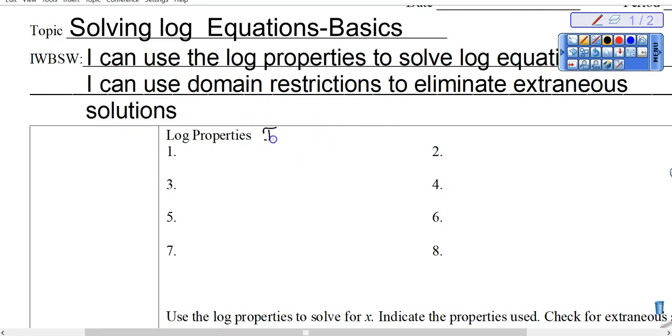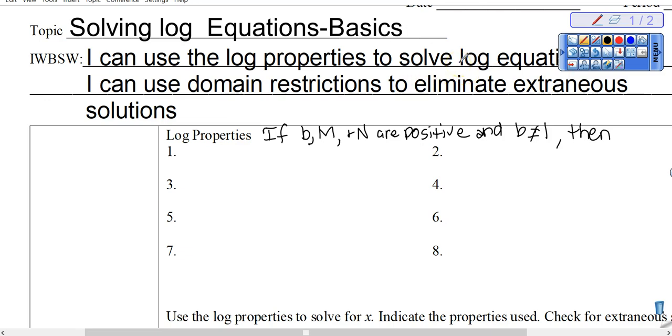It says this: if, I'm just defining, it's a formal definition, if b, m, and n are positive, and b does not equal 1, because your base can't, so positive numbers and not 1, then these properties exist for all logarithms, and there are 8 of them, and we have to employ them when we're solving logarithmic equations.